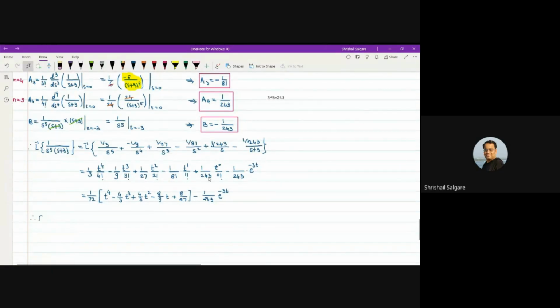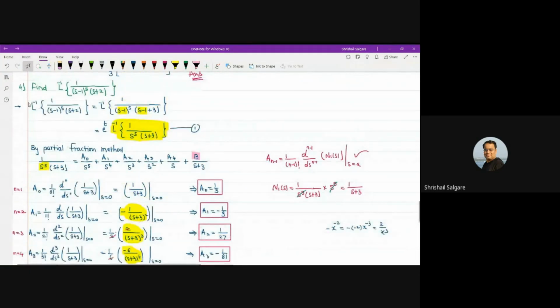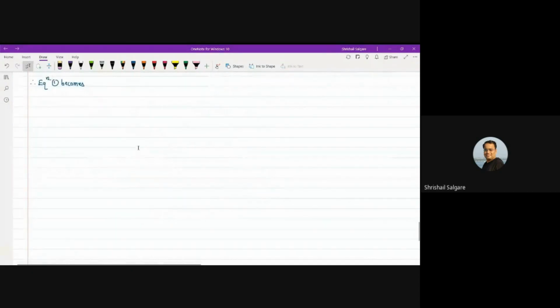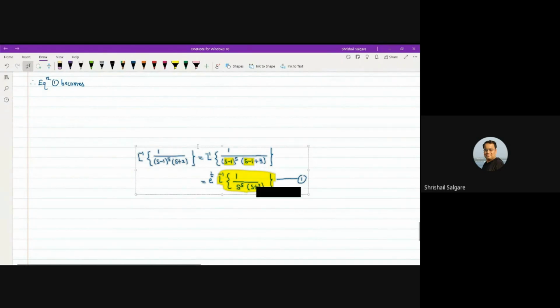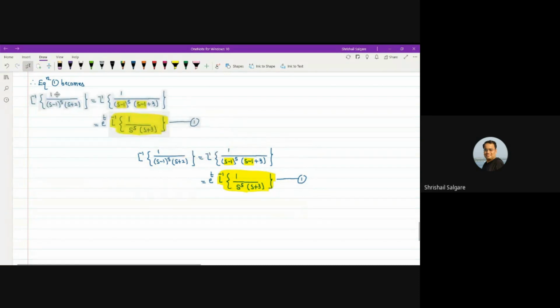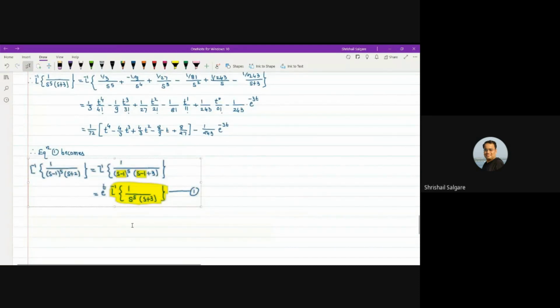Therefore, equation 1 becomes, what is the equation 1? I will copy that if required. So this is the equation 1, this part. Control C, the same thing I will copy here. So this equation you are simplifying. Now, this is for your reference.